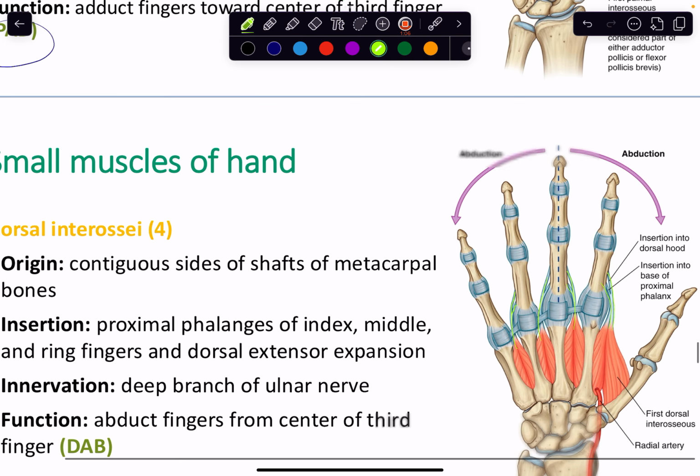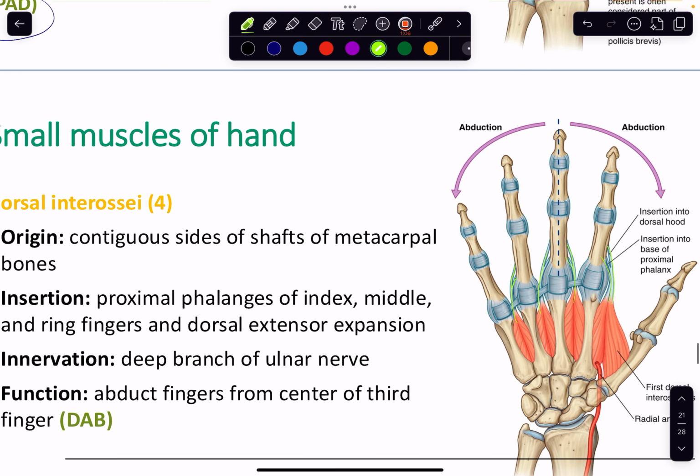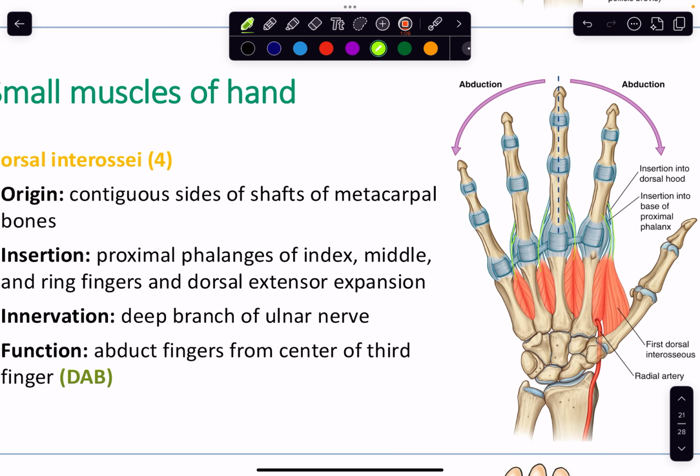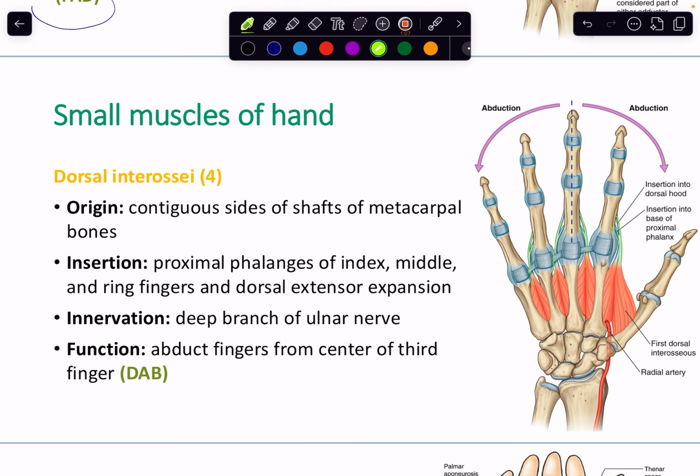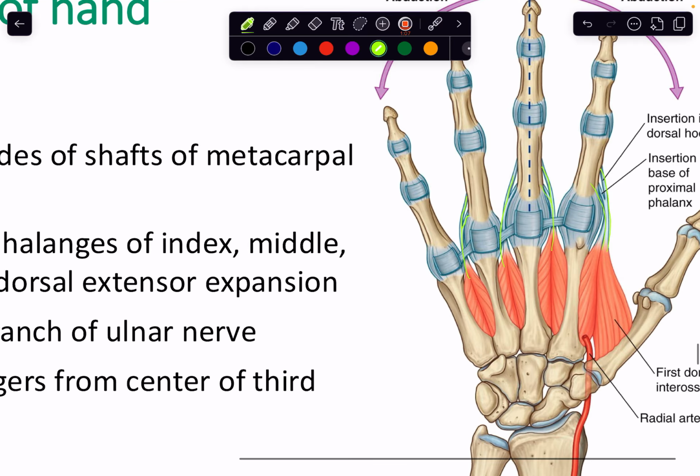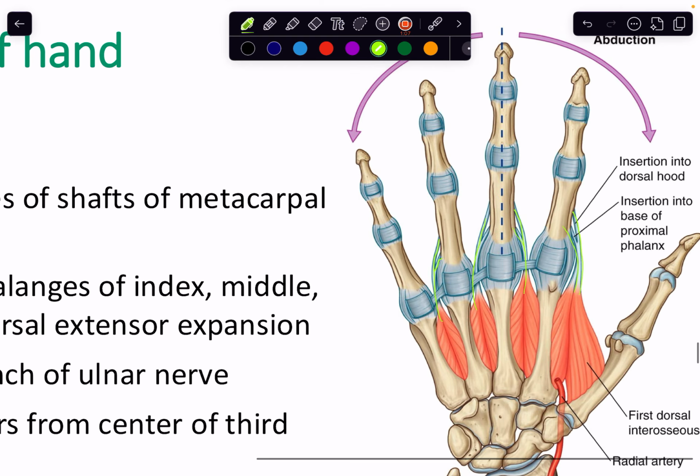For this thumb and little finger, we are discussing the interossei. For these two fingers, there are separate abductors: abductor digiti minimi, abductor pollicis longus or brevis, right? So for these two, abduction is done by the muscles, and for the remaining, by the interossei.